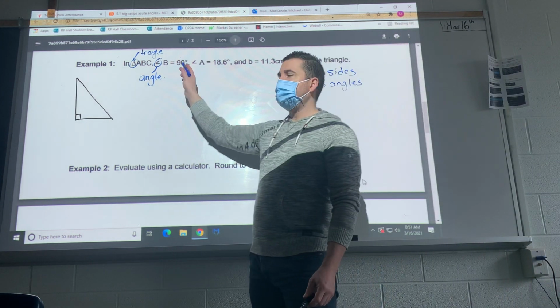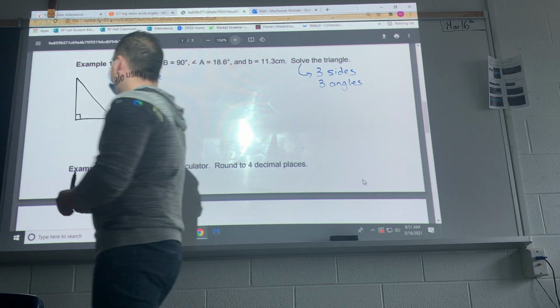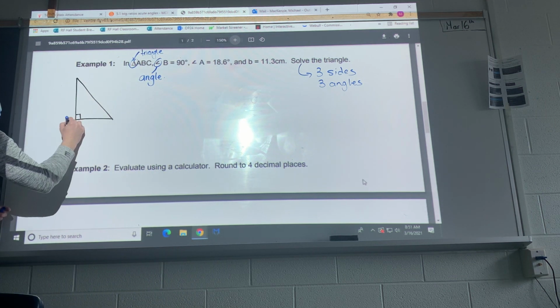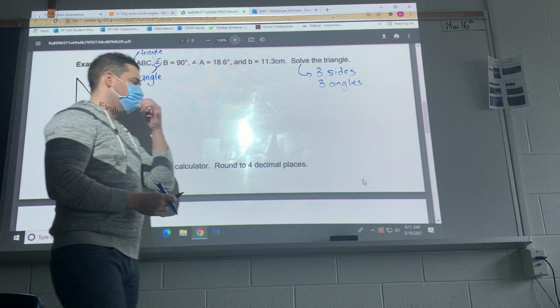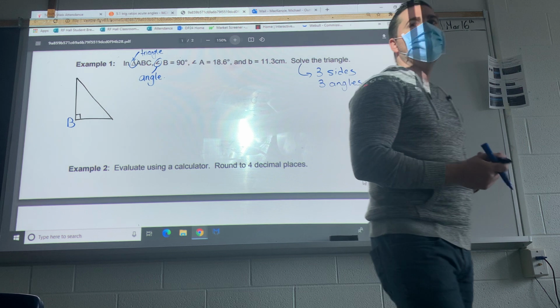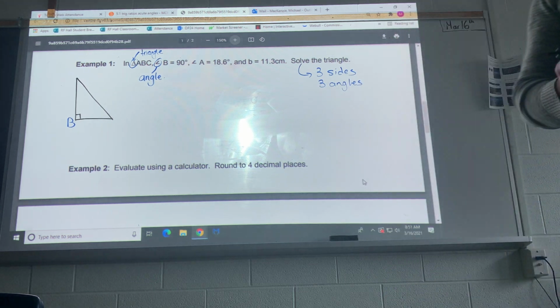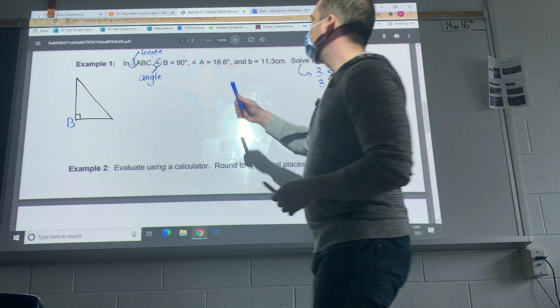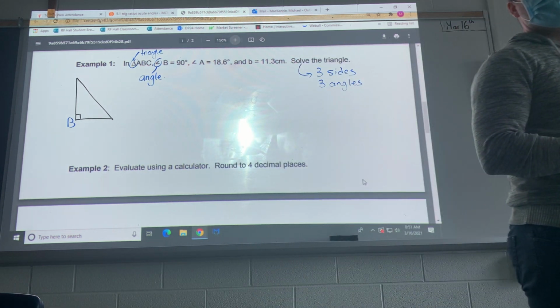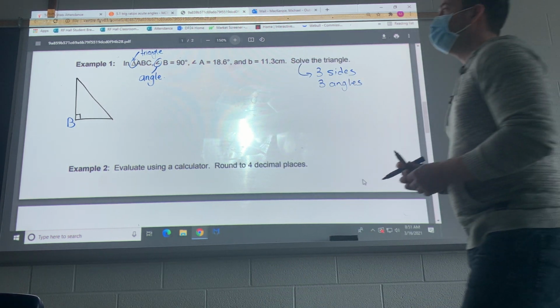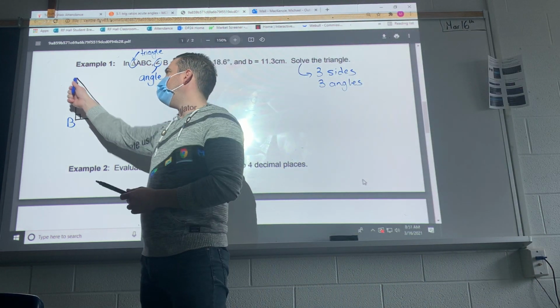Okay, so angle B is going to be 90 degrees. So I'm going to label this B, because that's where my 90 degree is in my diagram. Then it says angle A. So angle A is 18.6. So it doesn't matter if you put the A here or here.